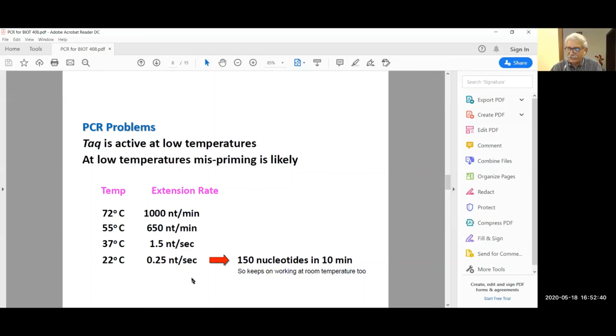At room temperature, the primers will bind non-specifically to a lot of places on the template DNA, especially when magnesium chloride is there. That extension product will actually act as a primer when you start the PCR reaction.